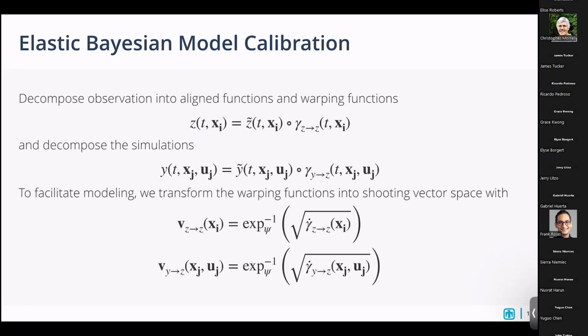So we have this V_Z, which is the mapping of gamma from decomposing the experiment, so that's Z to Z here, and then the corresponding same thing for all the warping functions between the simulation and the experiment. Those V's, Y to Z's, will be mapped up to the shooting space. And so we'll be operating on the aligned functions and the shooting vectors when we do the calibration.